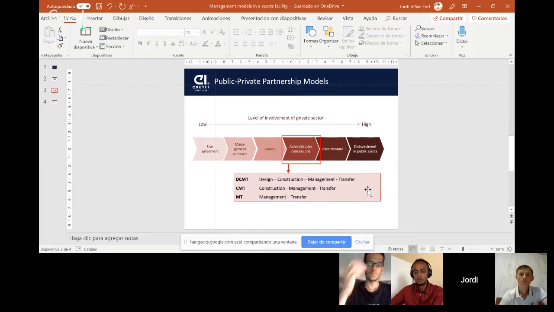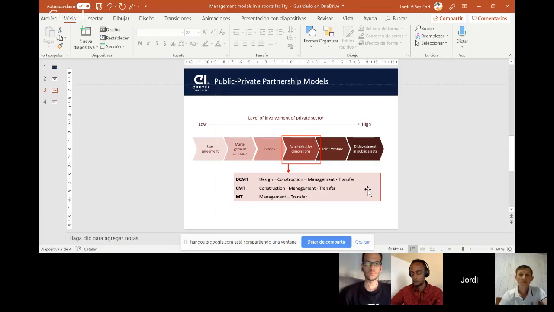At the end of the day, there's always this T of transfer, because what the law says, I would say all over the world, is that even if a sports facility is being 100% invested by a private company, if it's on public land and under an administrative concession agreement, at the end of the day, after 20 years, after 50 years, no matter how many years the contract says, this facility is going to belong to the local authority or to the government, to the public administration.